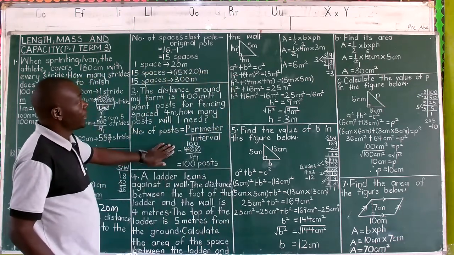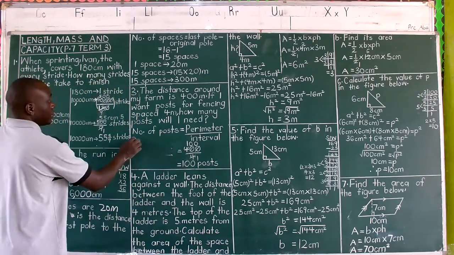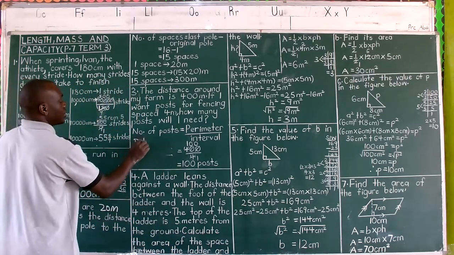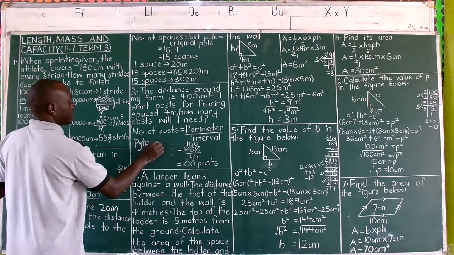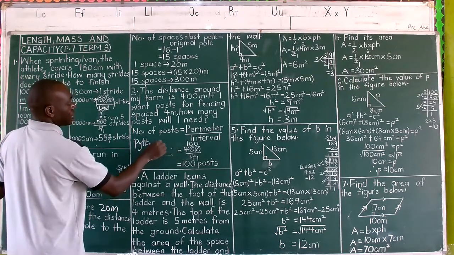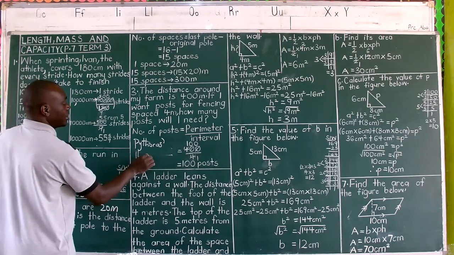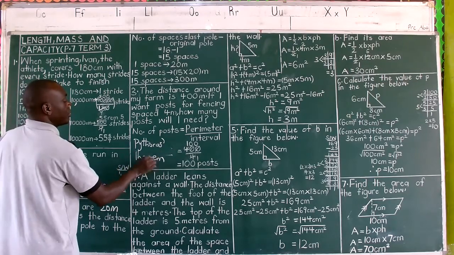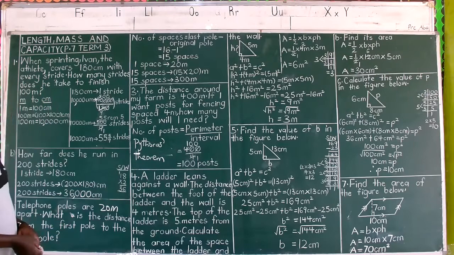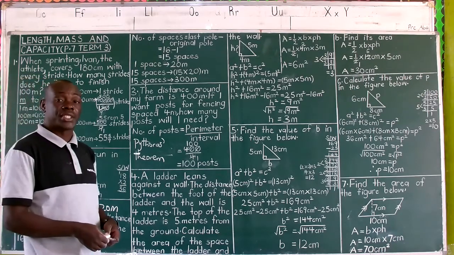Pythagoras theorem. You can put an apostrophe because it was a person. Pythagoras' theorem, which we talked about in P6.